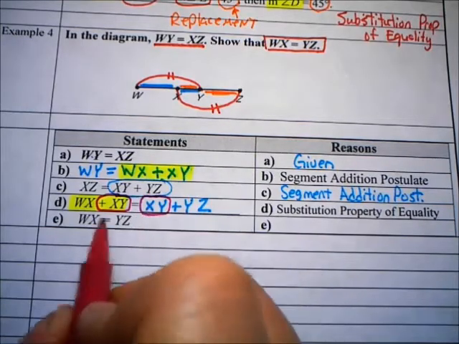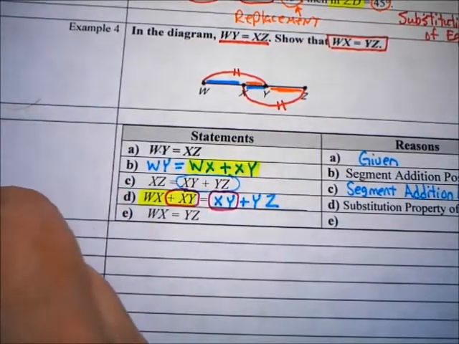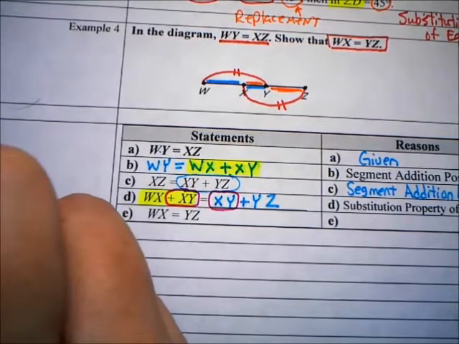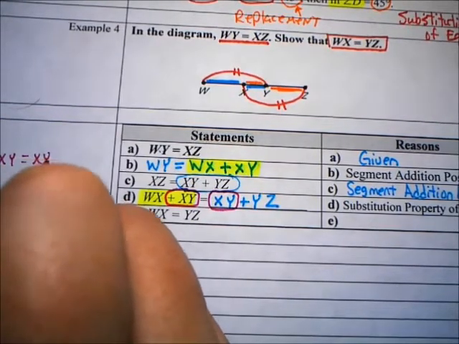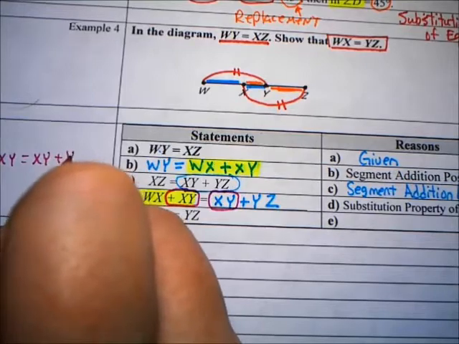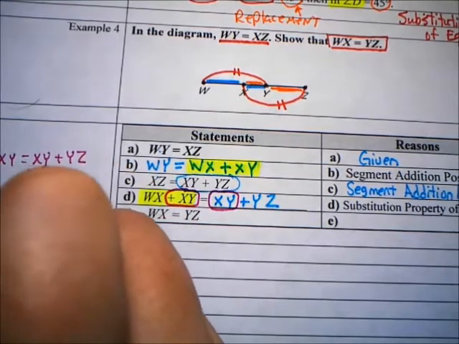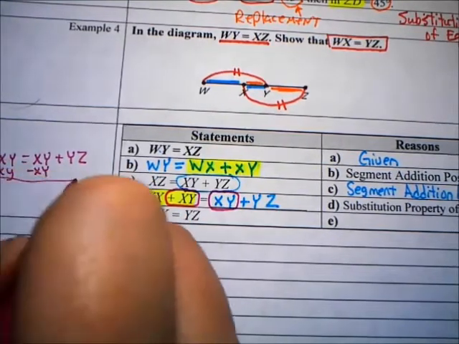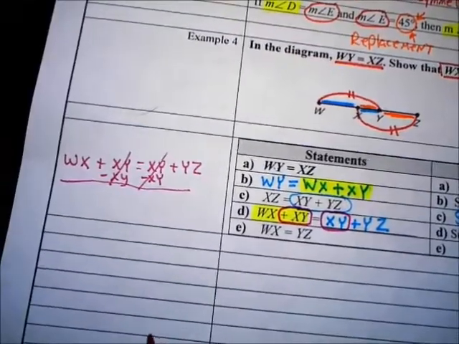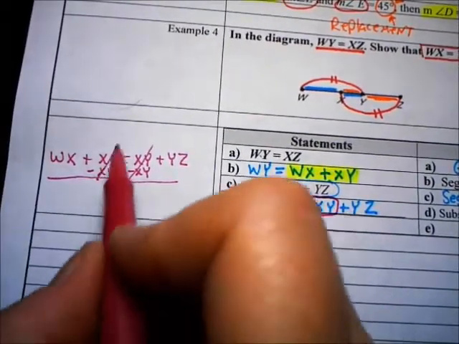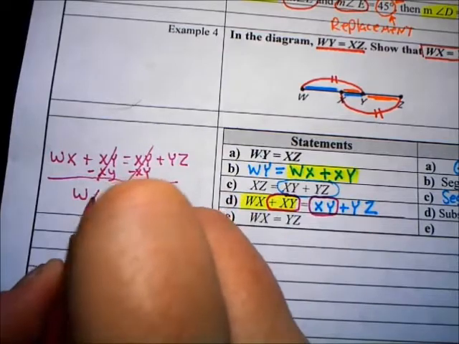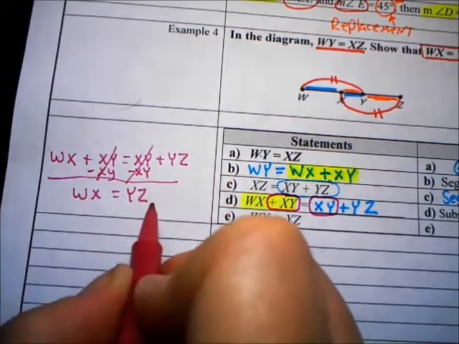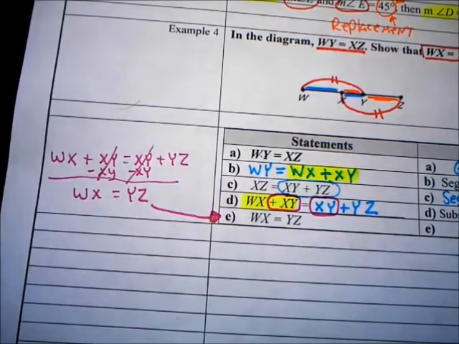So if I subtract that out, if I show it over here on the side, if I subtract an XY from both sides, they disappear, and all I'm left with is WX is equal to YZ, which is what is there.